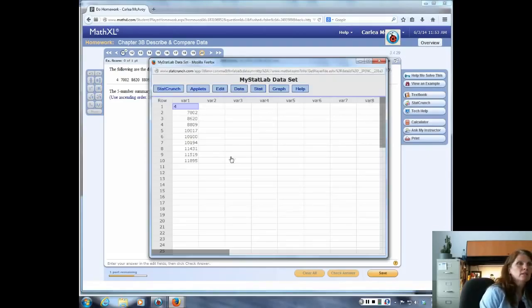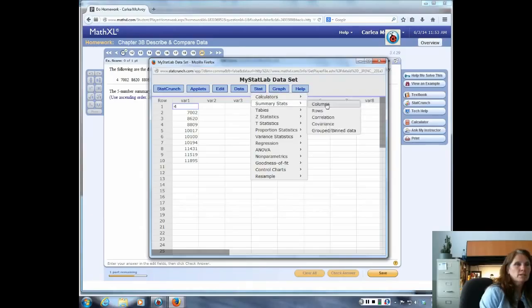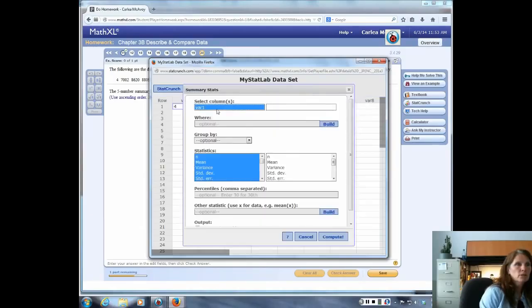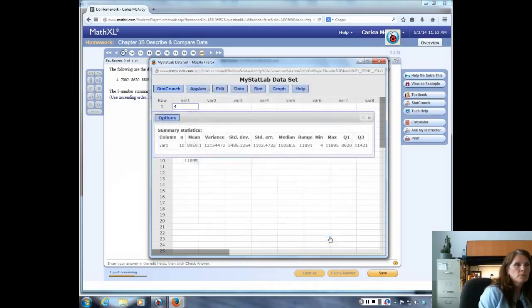Sweet. Okay, so then I'm going to go to Stat, Summary Stats, Columns, and I'm going to use the first column. That's the only column I have here, and I'm going to go Compute. And here's our 5-number summary over here, sort of a little bit messed up, but it's pretty easy to see.